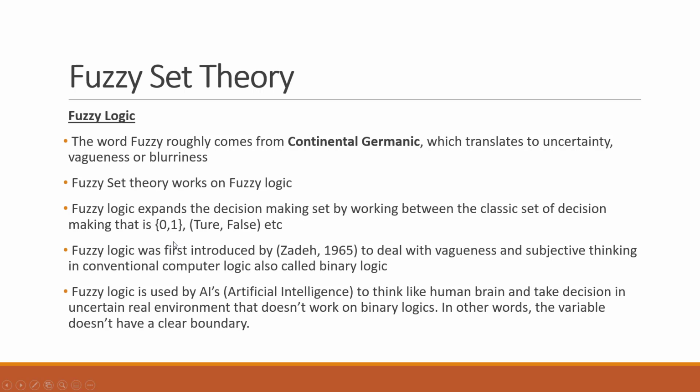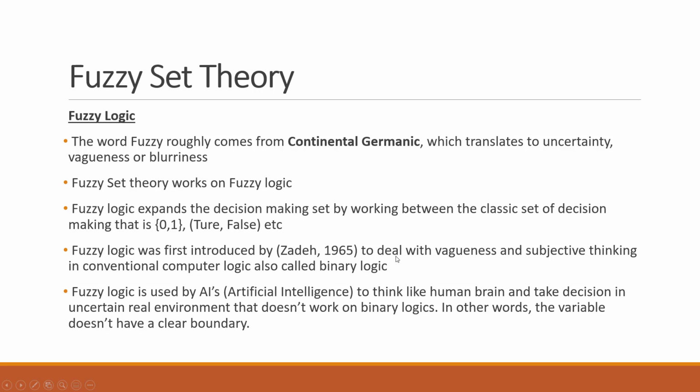This approach was first introduced by Lotfi Zadeh in 1965. He was the first man who introduced the fuzzy set, which is an extension of simple set theory. He derived this to deal with vagueness. Vagueness means an uncertain situation, where the situation is not clear, where there are some blurry things.